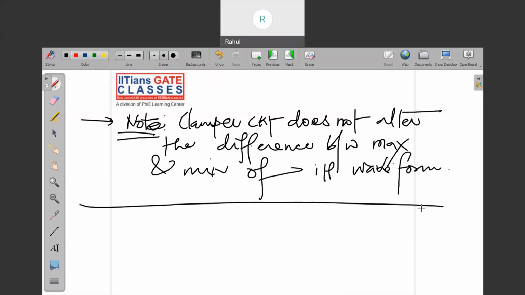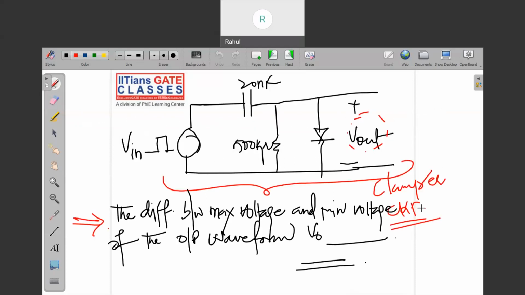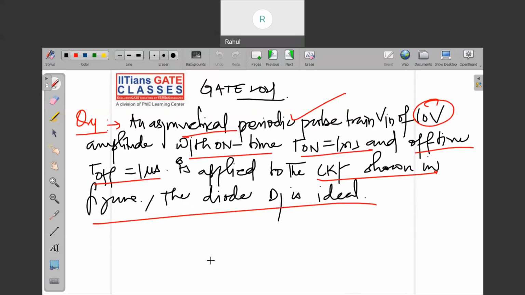See how I'm able to answer this question in 3 seconds, because I'm able to identify that the given circuit is a clamper circuit. So whatever the difference between the maximum and minimum of the input waveform, that will be the answer, the same. So you need to construct what kind of input they have given.